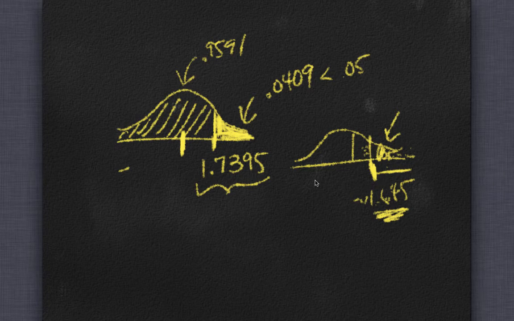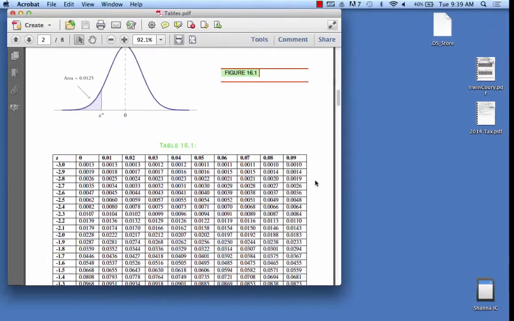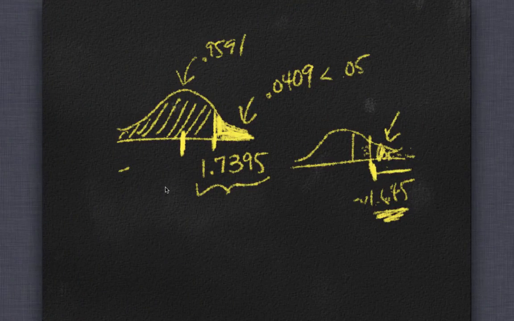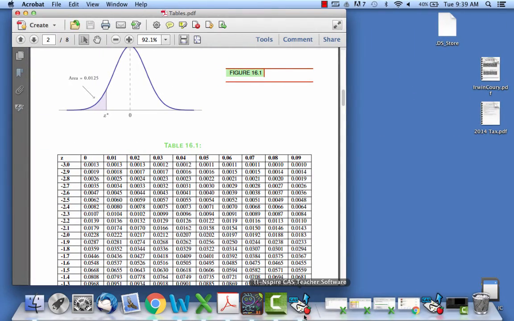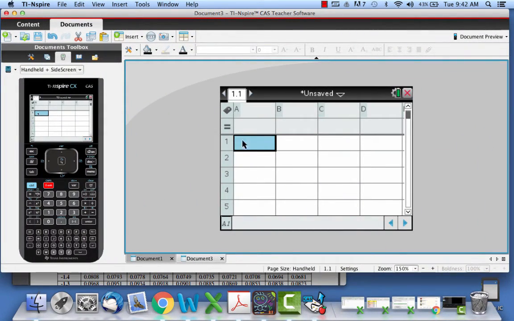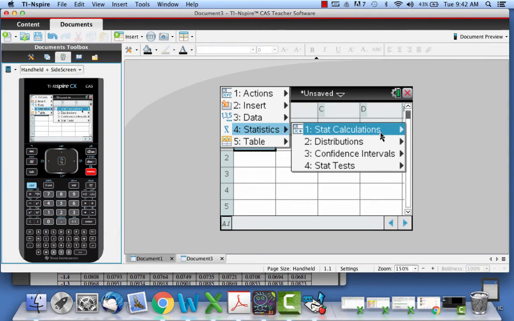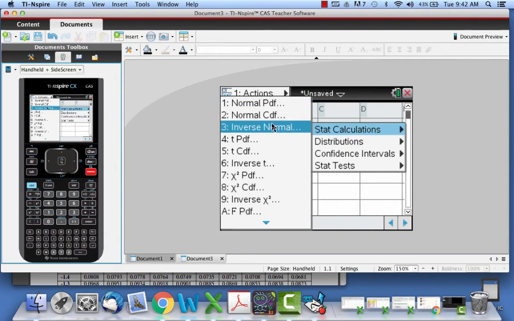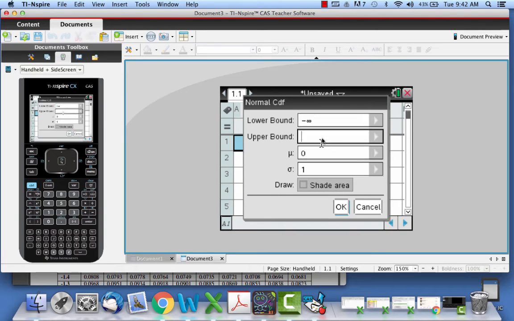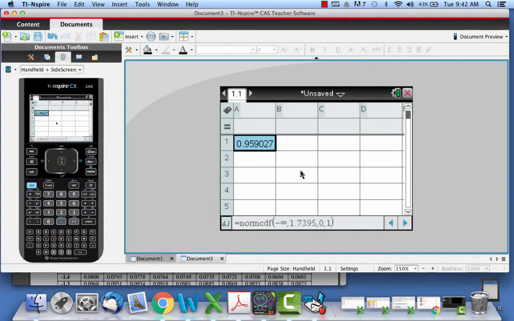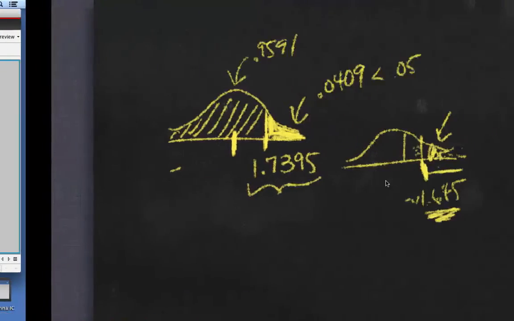Okay, so that's the relationship. So if I were to, what did I say, 1.7395, use a calculator, if I put in 1.7395, and I'm going to leave this 0 and 1 because I already did want it in standard units at that time, I get 0.959027.